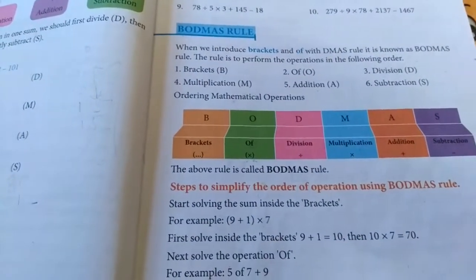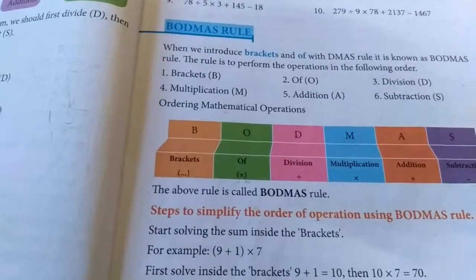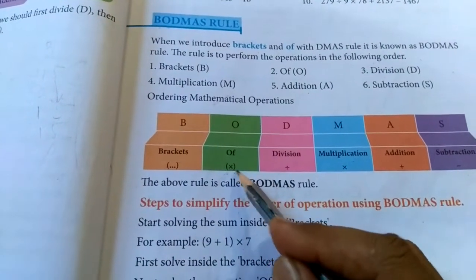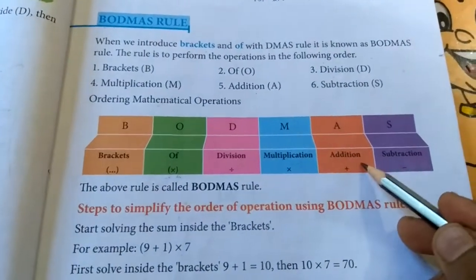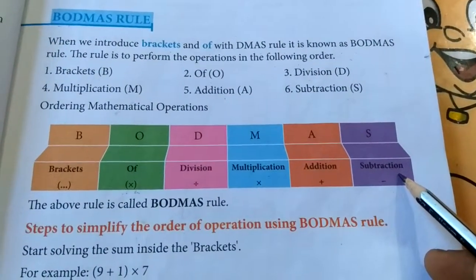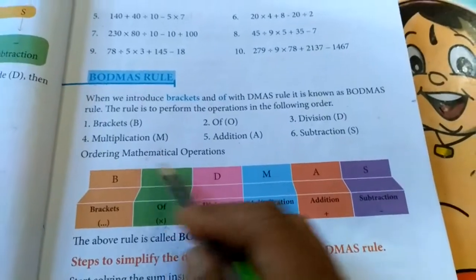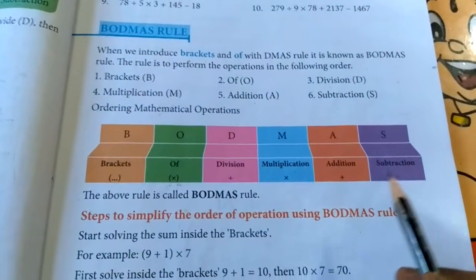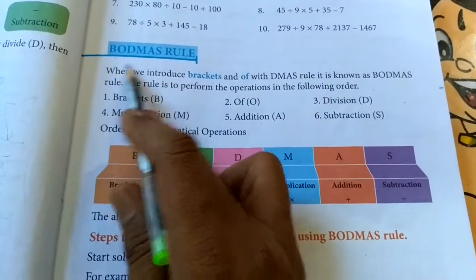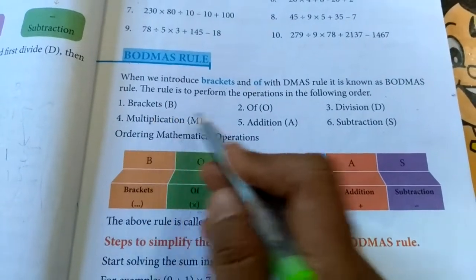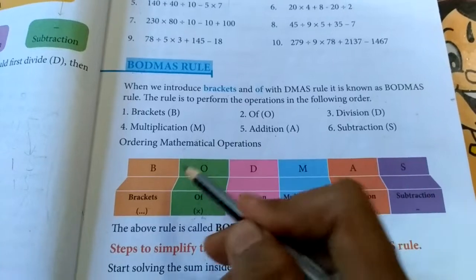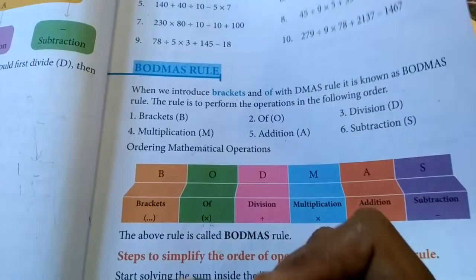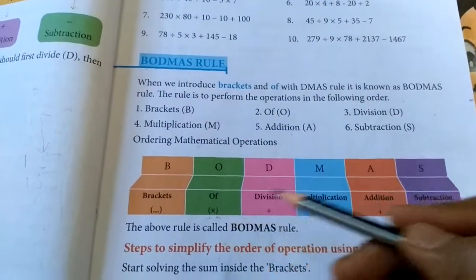First we will attempt the brackets part, then the "of", then division, then multiplication, then addition, and then subtraction. I hope this BODMAS rule is now clear in your mind, what BODMAS stands for, and in which sequence we have to operate these mathematical operations if they are present in one single sum, one single question.